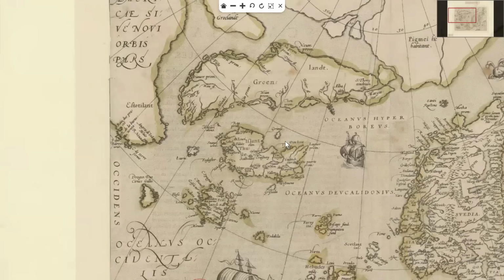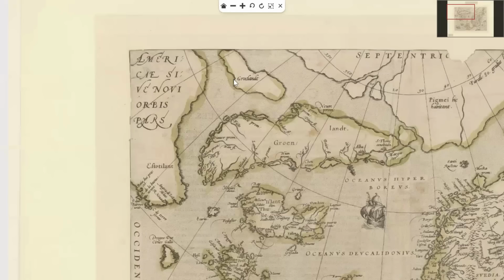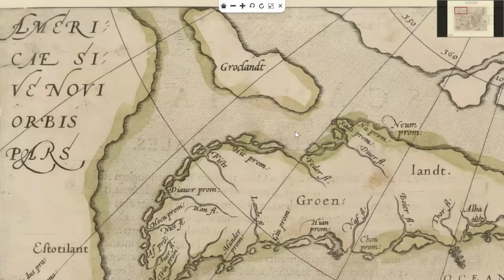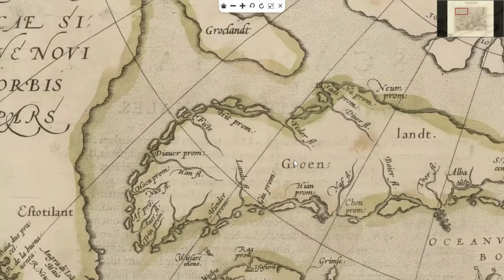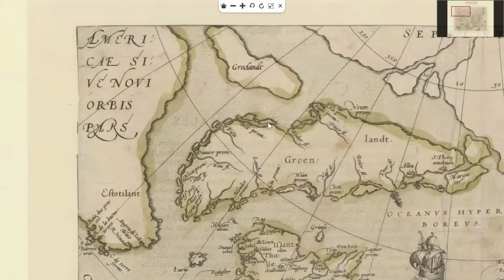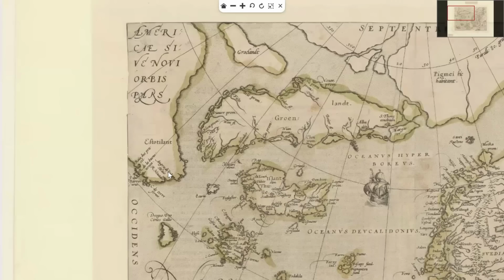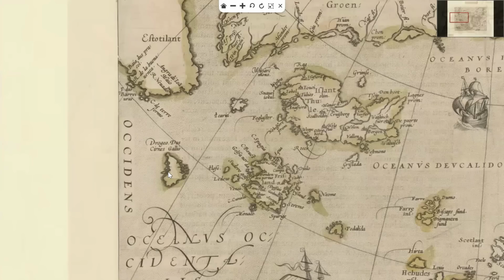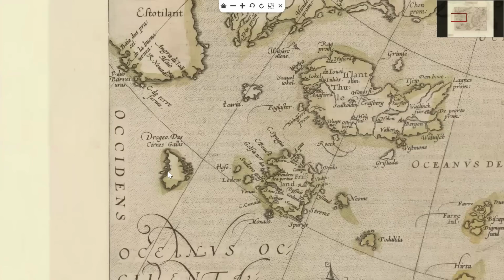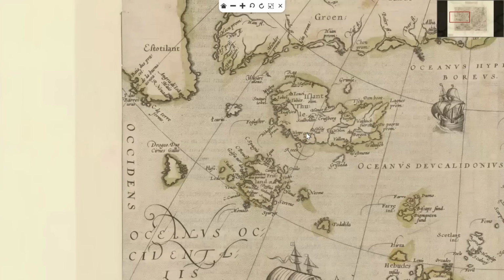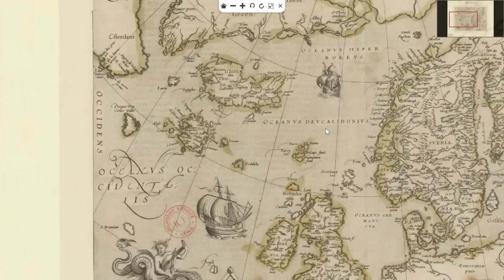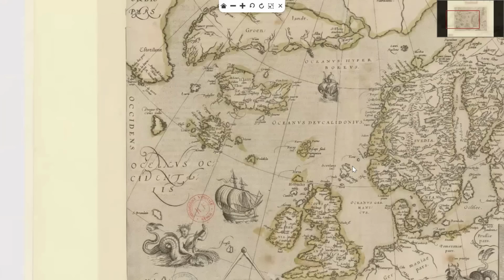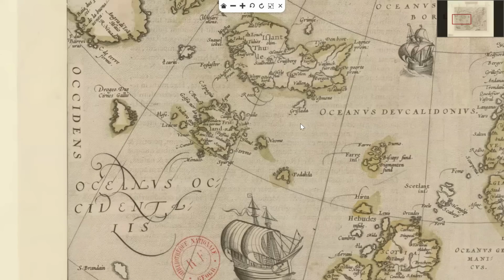All right, so in this one, and then in a lot of old maps, you also see this one, Grockland, which is a different landmass to Greenland or Groenland. And in this one, we don't seem to have Iceland. Okay, so if we look at this, let's see UK, Shetland Islands, Faroe Islands, and Thule.